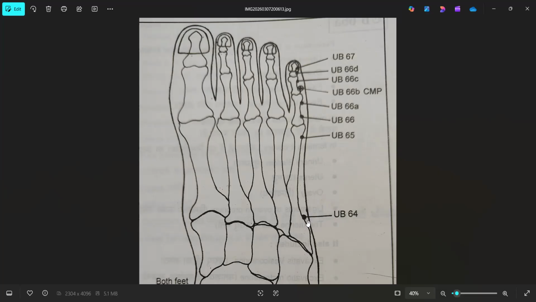So from the ovaries, this carries that. So for ovaries or gonads, for all this, if you want to use 65, 64, 66A, you can also use the point of gonads on the triple warmer meridian. What was the point of the triple warmer meridian? Triple Warmer 1.